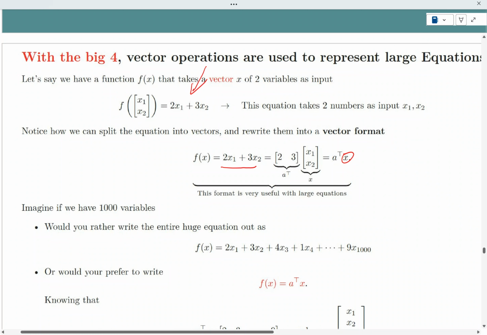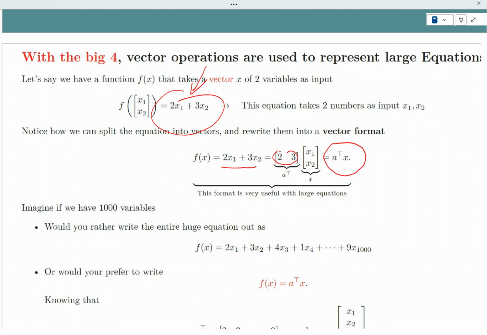But from now on, realize that we can represent functions equivalently using vector-vector multiplication, right? Now you might be wondering why we would want to do that. I mean, this is pretty clear, right?